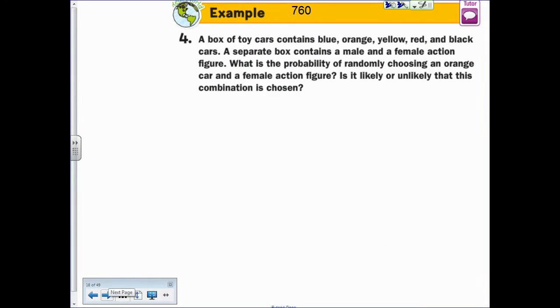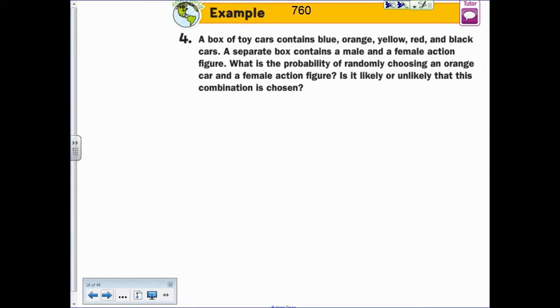Let's take a look at example 4. A box of toy cars contains blue, orange, yellow, red, and black cars. A separate box contains a male and female action figure. What is the probability of randomly choosing an orange car and a female action figure? Is it likely or unlikely that this combination is chosen?